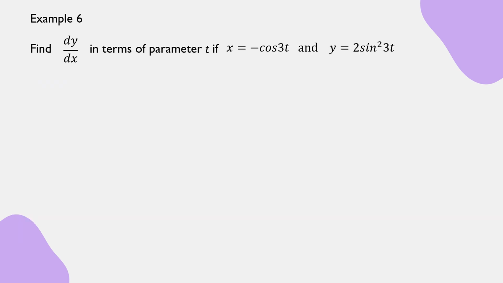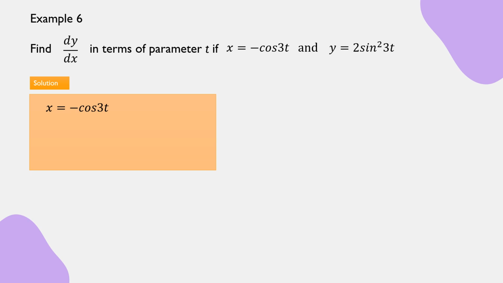Okay, next example, example 6. Find dy/dx in terms of parameter t if x equals negative cos 3t and y equals 2 sine squared 3t. Find dx/dt.